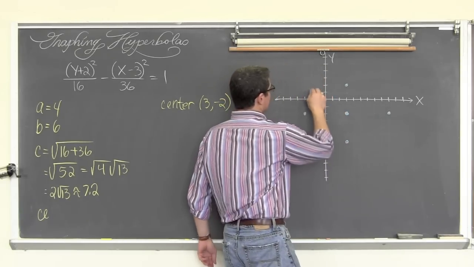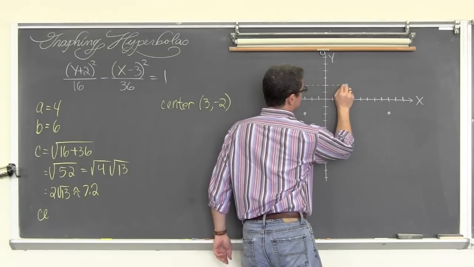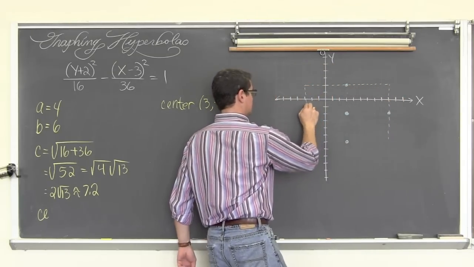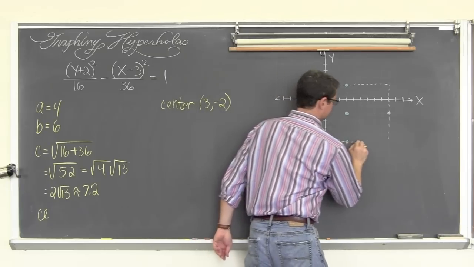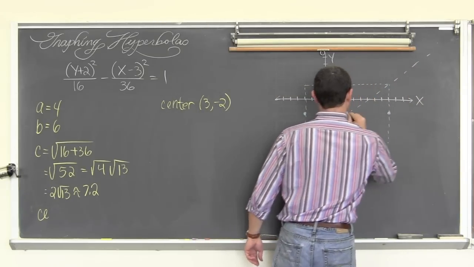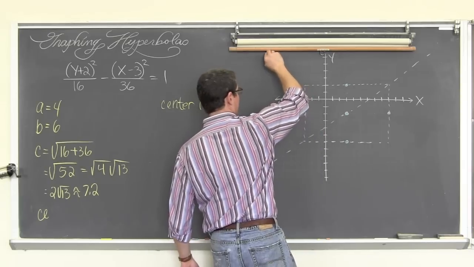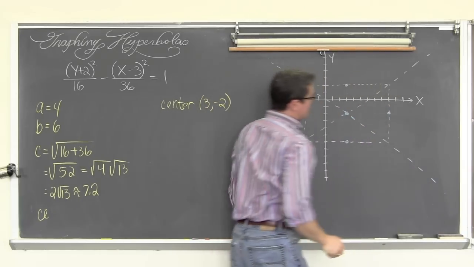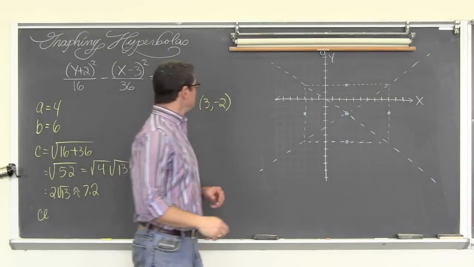Yep, and draw a little box, which in this case is actually rather a large one. Draw our asymptotes through the corner of that rectangular box. Not the graph itself, just a guide.